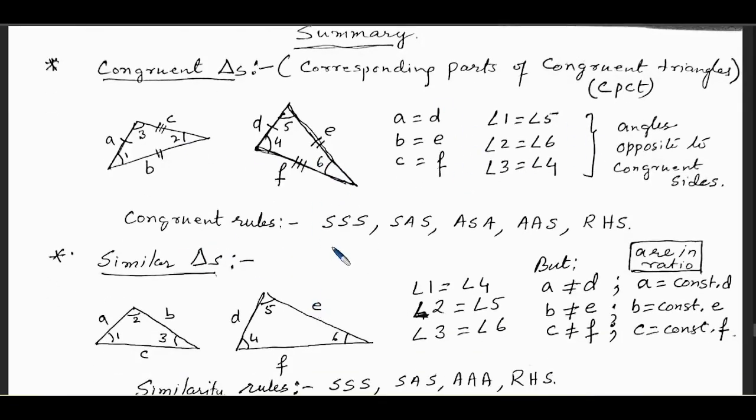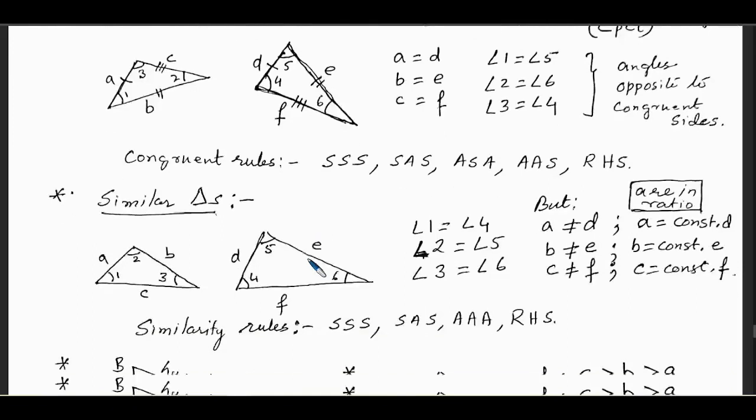These are the congruence rules: side, side, side; side, angle, side; angle, side, angle; and angle, angle, side; and right angle. For a right angle triangle, hypotenuse and one side. If they are the same for both the triangles, then they are congruent. Similar triangles, angles will be similar, the corresponding angles, but not the corresponding sides.